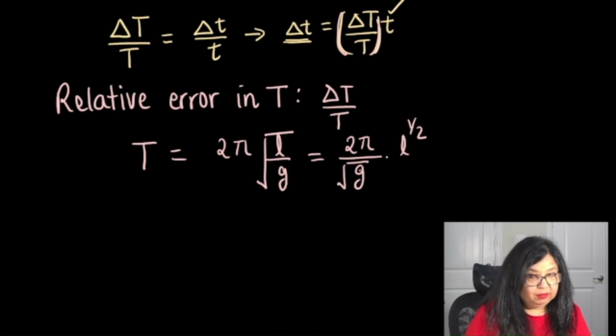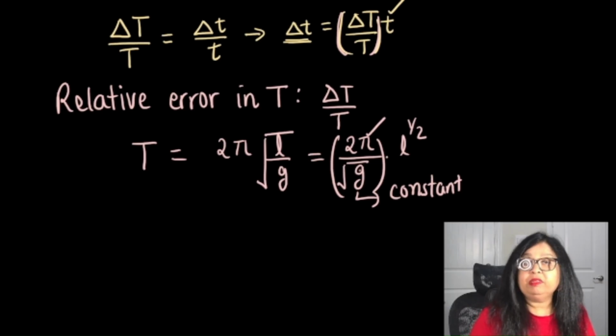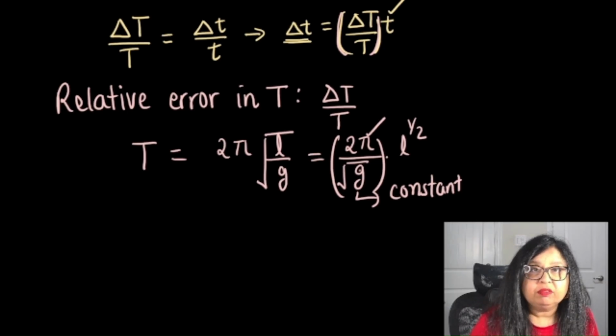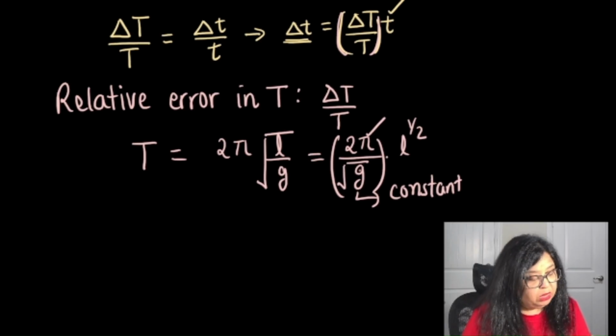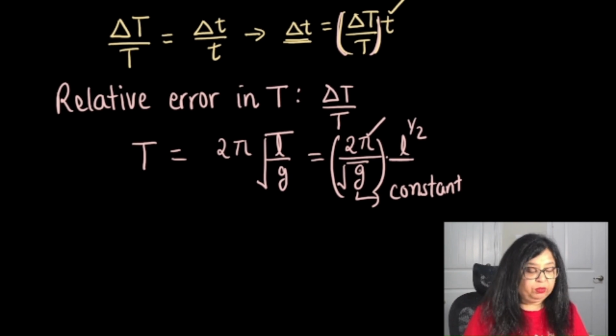Now, in this case, we're going to assume that acceleration due to gravity is constant. We know with absolute certainty that it is 9.81 meters per second squared on the surface of Earth. So 2 pi is also a constant, and 2 pi over square root of G is constant. And what is the uncertainty or the error in the measurement of a constant? 0. So the only variable in which I have error is L, the length of the pendulum.